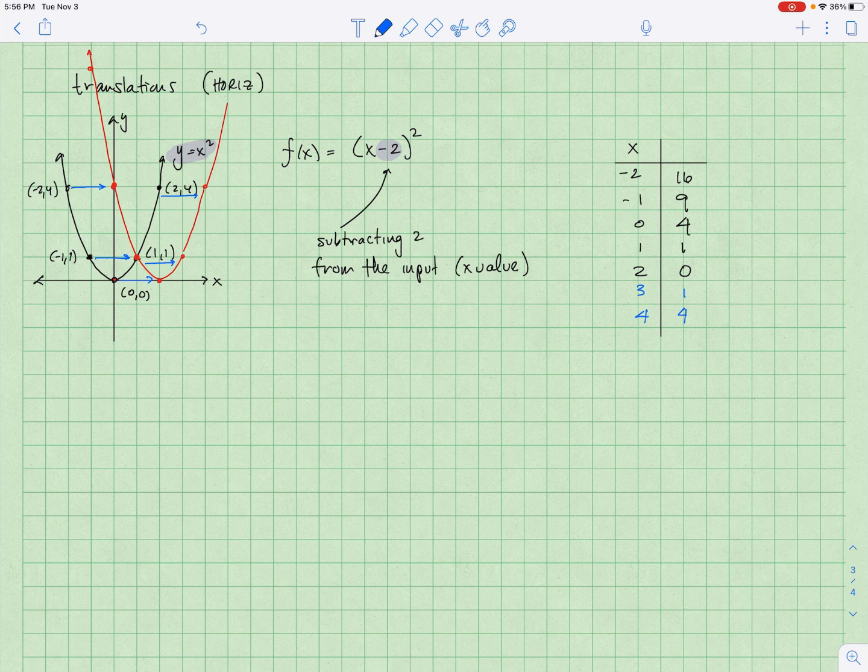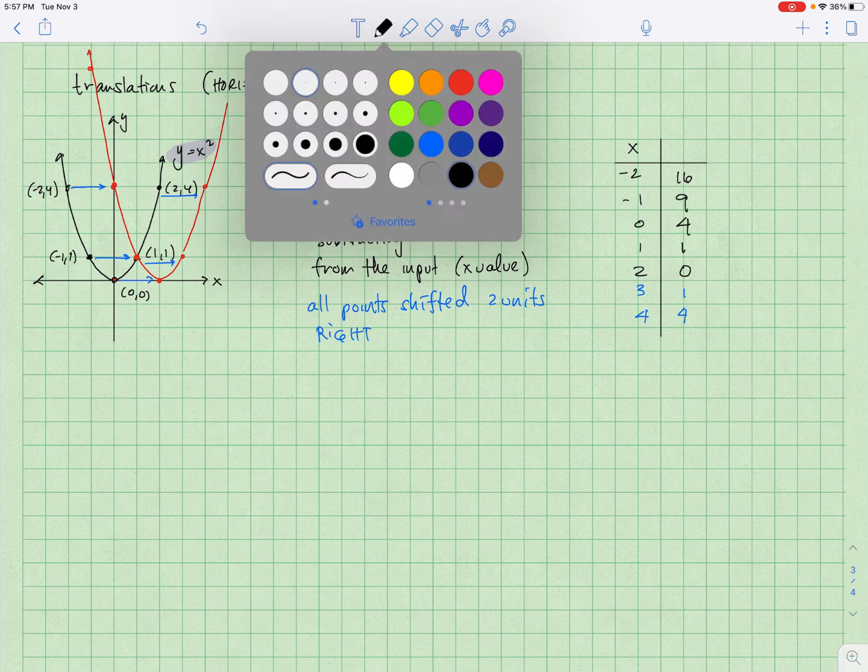And so all points shifted. And this is important. 2 units to the right. So how would I get them to be shifted to the left? Well, in general, I would have to do something like this.